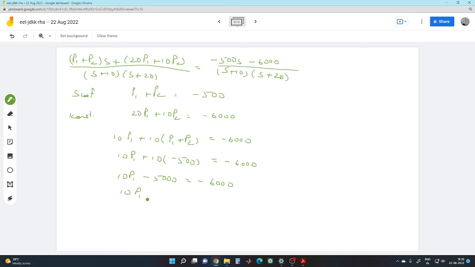So 10 P1 is equal to 5000 minus 6000. 10 P1 is equal to minus 1000. So P1 can be written as minus of 100. This implies that minus 100 plus P2 is equal to minus 500. So this gives P2 equal to minus 400.